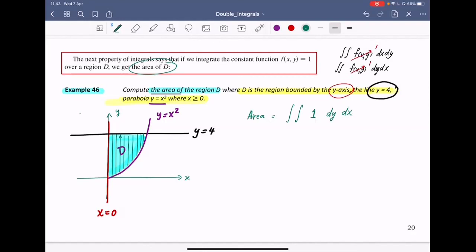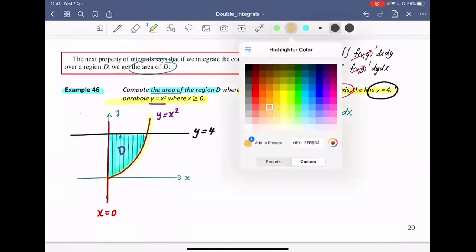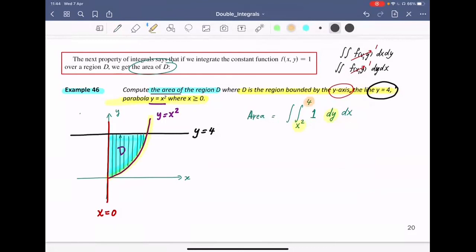So y is going to be from where to where? y is going to be from x squared to 4. Because if you draw the vertical line, the bottom one is y equal to x squared. The top one, y equal to 4, is over there.